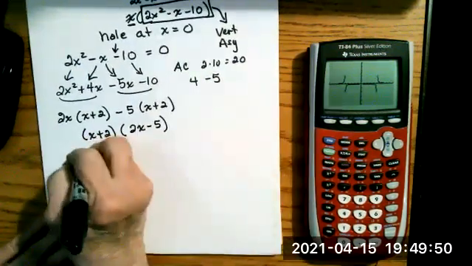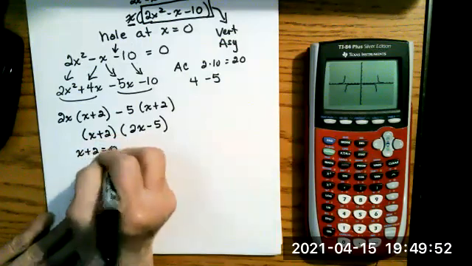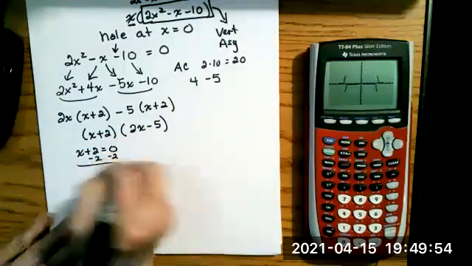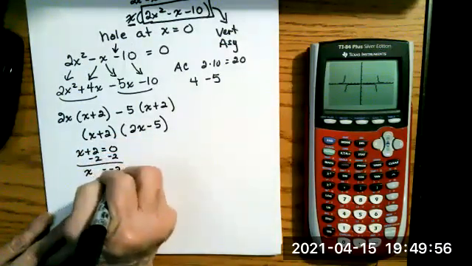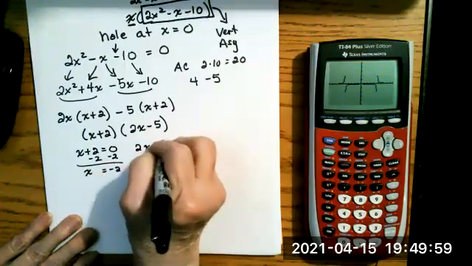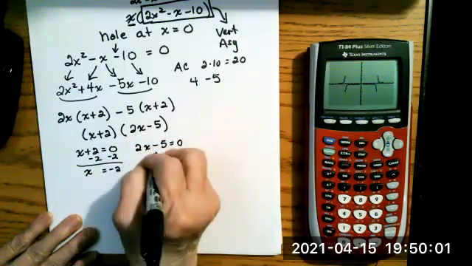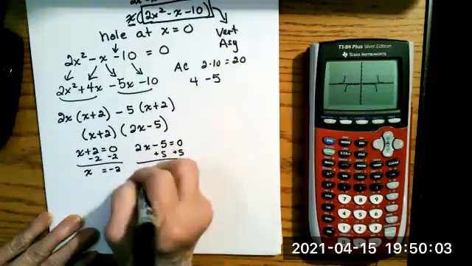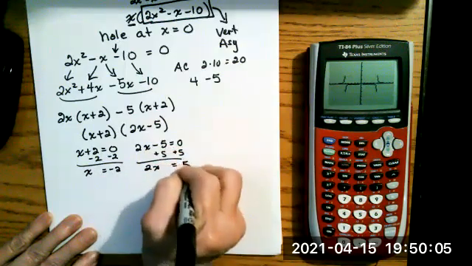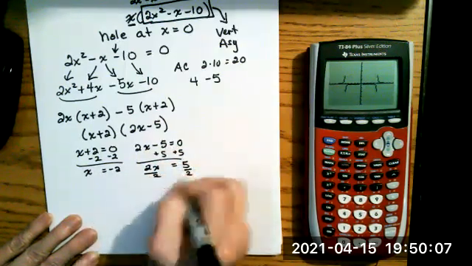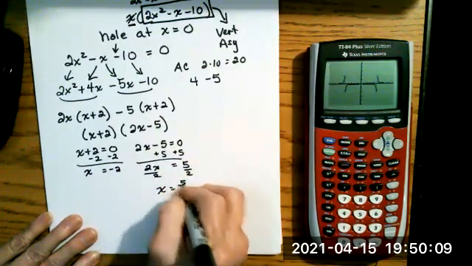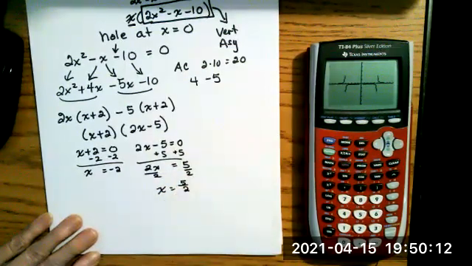If I set each of those equal to 0, that will get the asymptotes. x equals negative 2, 2x minus 5 equals 0, 2x equals 5, x equals 5 halves.